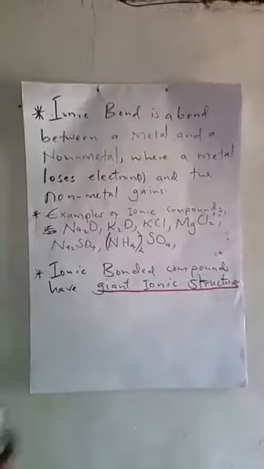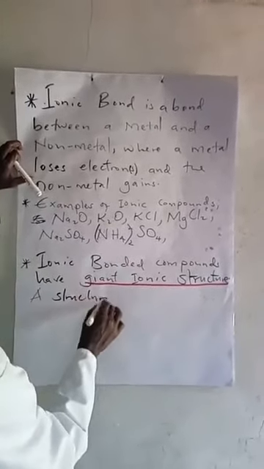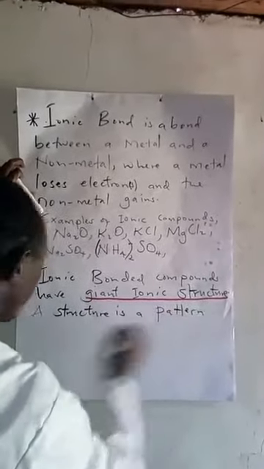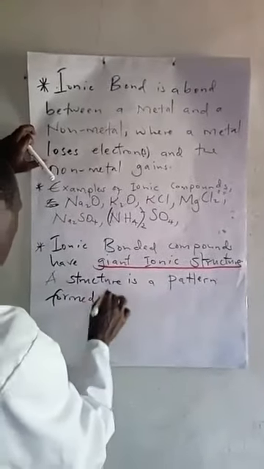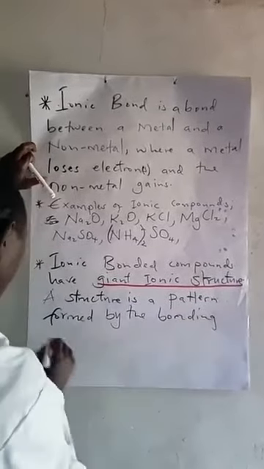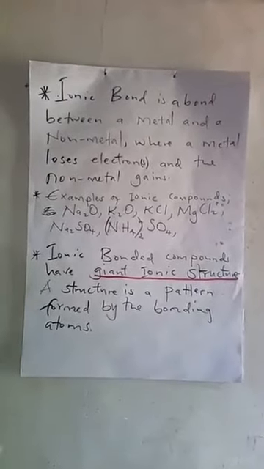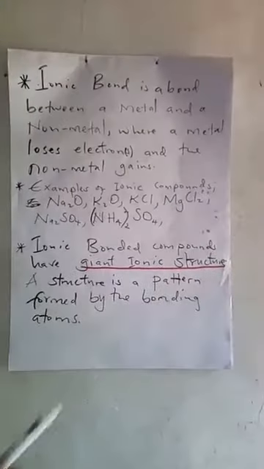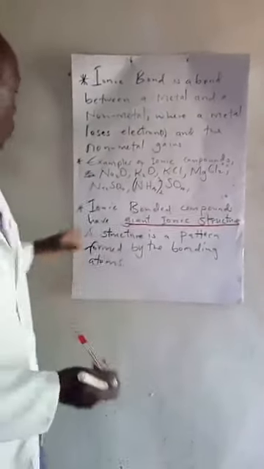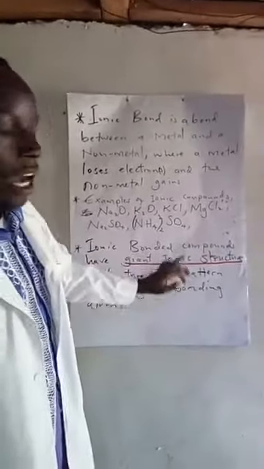Maybe we need to say a structure is a pattern formed by the bonding atoms. When atoms bond, they form a certain repeated pattern. That pattern is referred to as a structure. So all ionic bonded compounds form a structure called giant ionic structure.